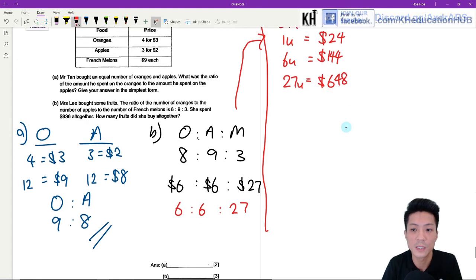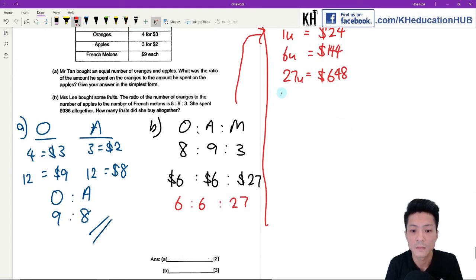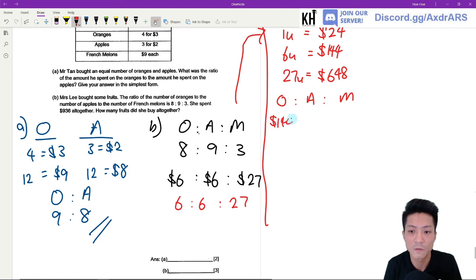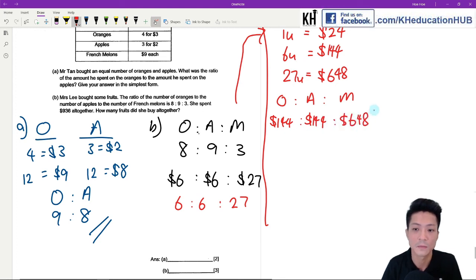Which means that O is to A is to M, she basically spent $144, $144, and $648.